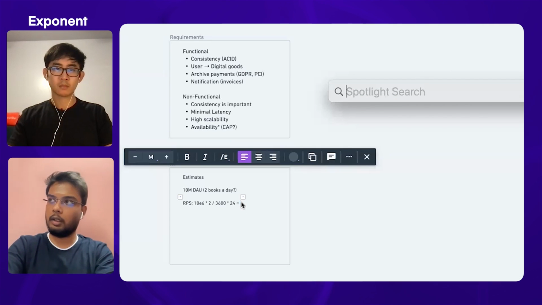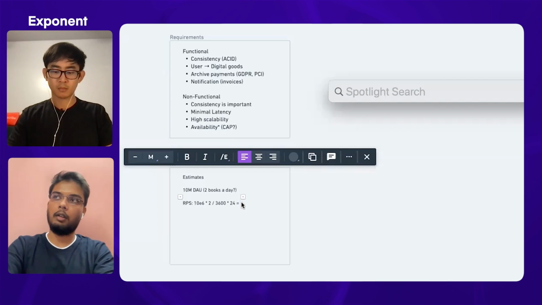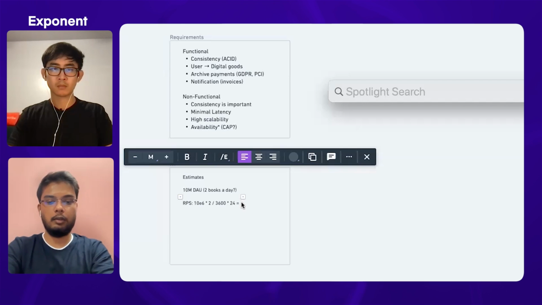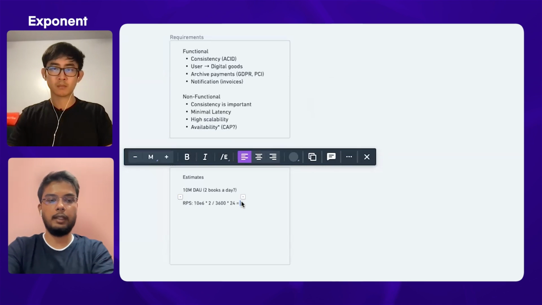I think this should be around, let's say, 500 by 1200. Around six, I think, yeah, it should be around 600 requests per second.